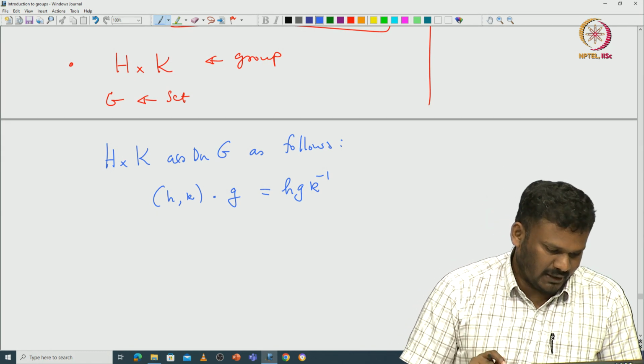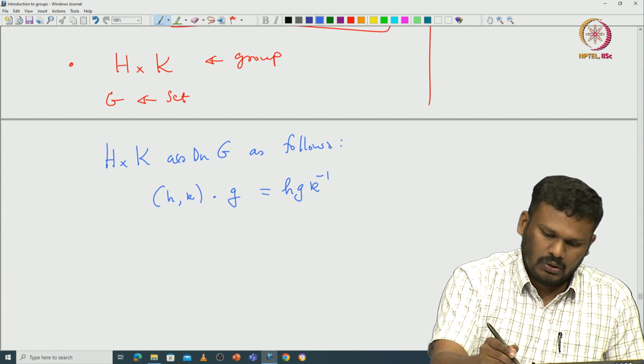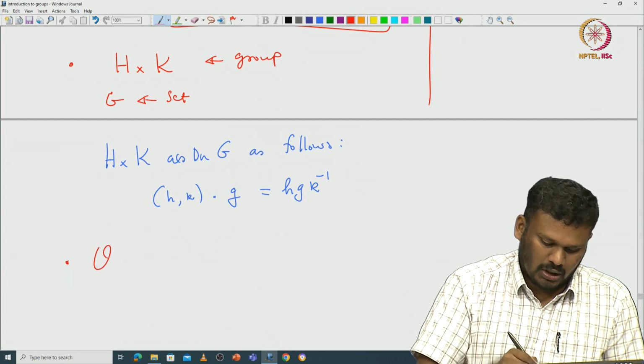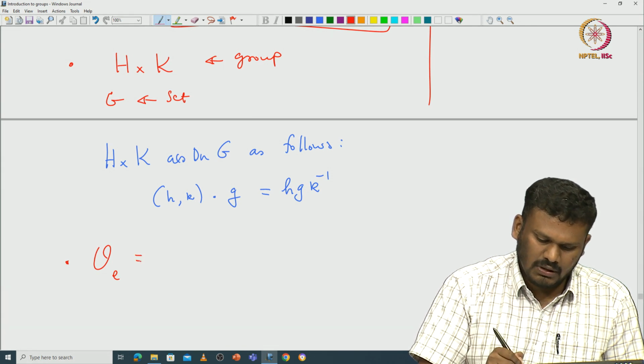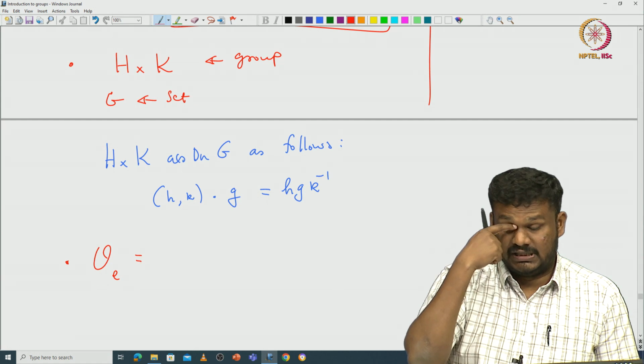I am not going to verify. So, now if you look at the orbit, what happens to the orbit? The orbit of identity, because the group is your set.